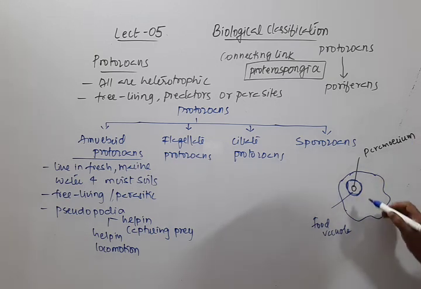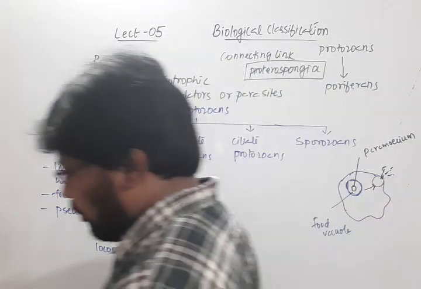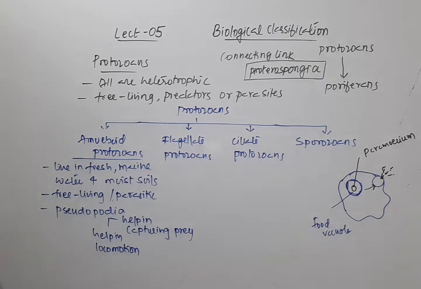And once the digestion is completed, finally the food vacuole with undigested substances will come to the cell surface, where it merges with the cell membrane and breaks open, and then releases undigested waste. That's how the amoeboid protozoans will capture, digest, and release the undigested food, and the pseudopodia will help in that process.